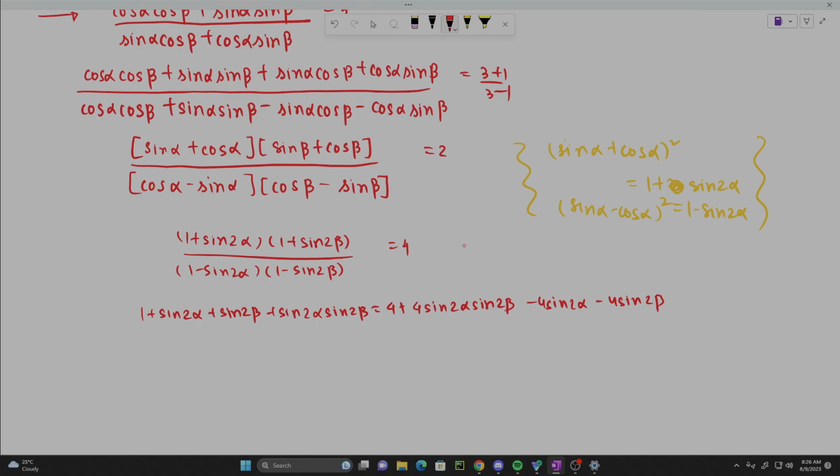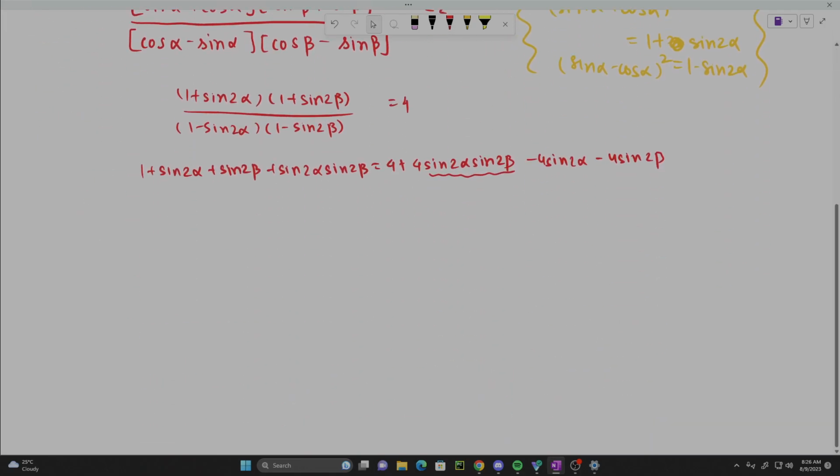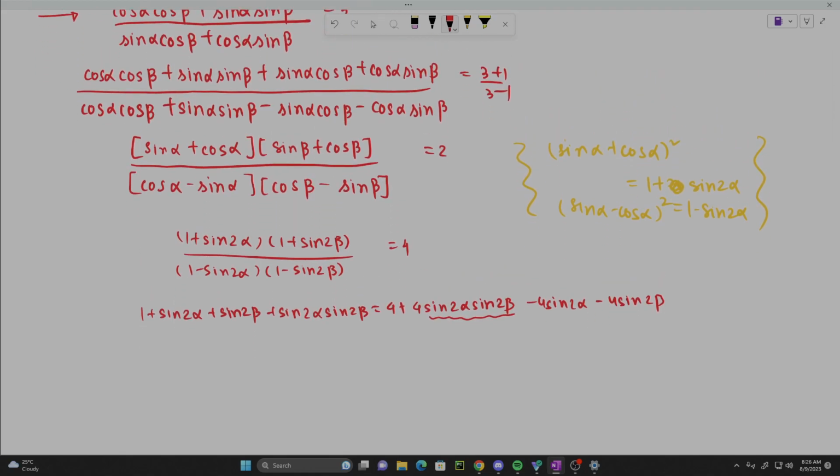Now I just want this term, so I can substitute there. If we take the LCM, we'll get sine 2 alpha, sine 2 beta, and if we substitute this, we should arrive at the answer, hopefully. So let's take all of it here. So we'll get minus 3 plus 5 times sine 2 alpha plus sine 2 beta is equal to 3 sine 2 alpha sine 2 beta.